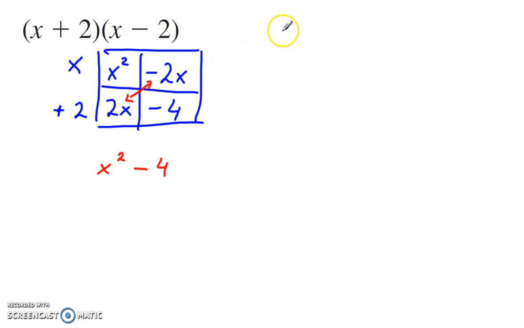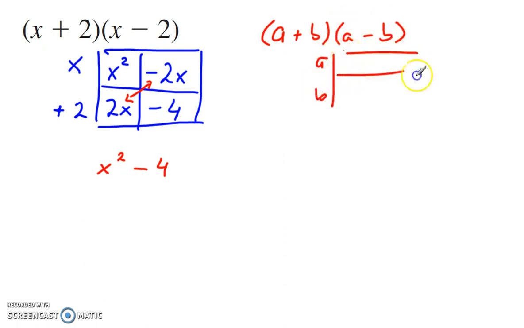Okay, in terms of a and b, if I had a plus b times a minus b, what we would end up with here, you get a squared, we get negative ab, positive ab, and then negative b squared. And these cancel out.